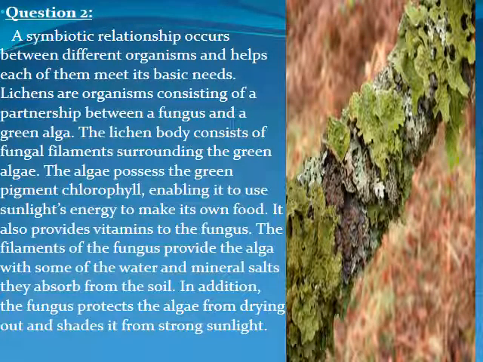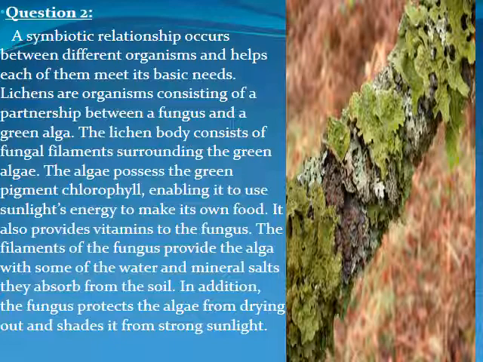Moving to question number 2. A symbiotic relationship occurs between two different organisms or more and helps each of them meet its basic needs. Lichens are organisms consisting of a partnership between a fungus and a green algae. The lichen body consists of fungal filaments surrounding the green algae.